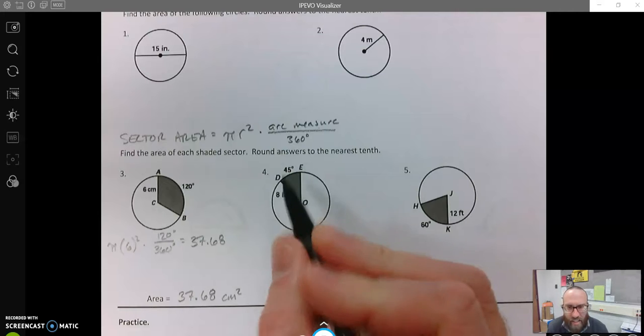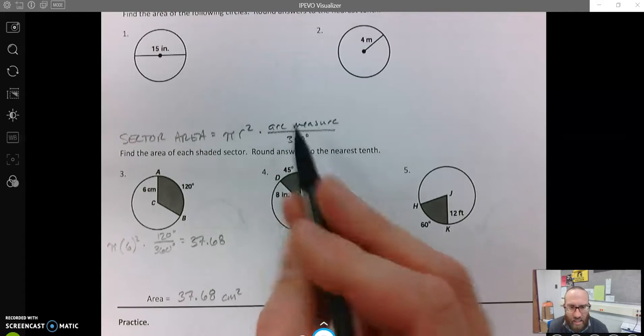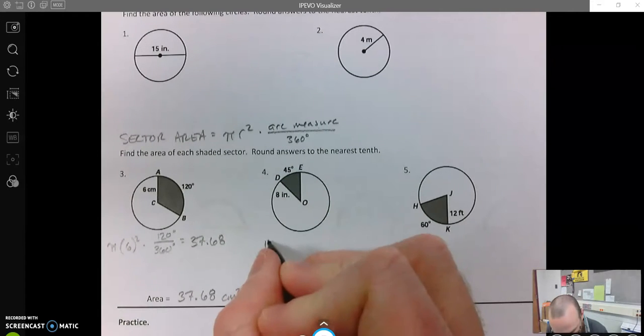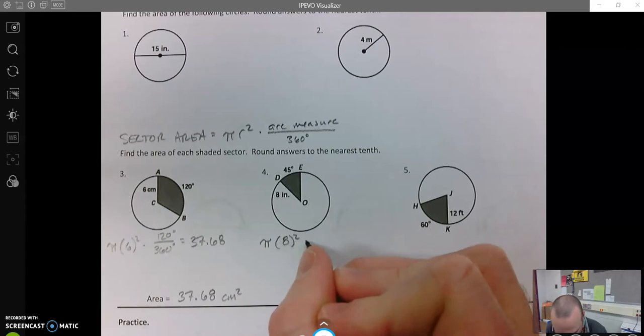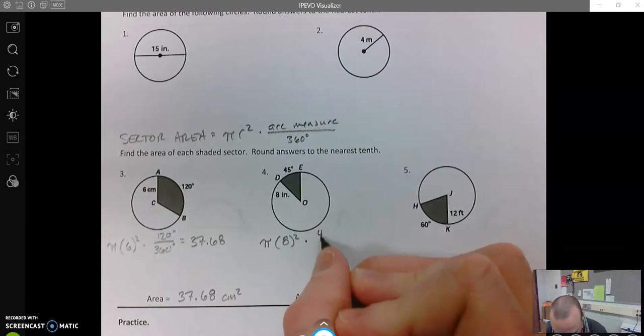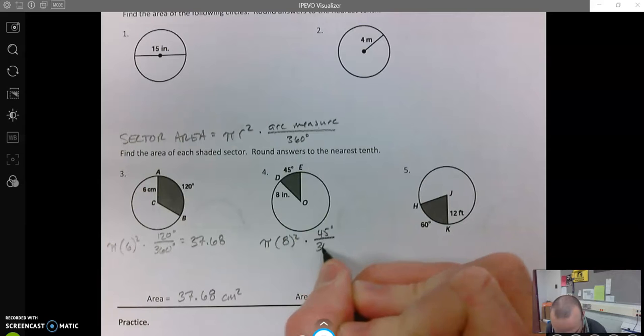Okay, I have a radius, I have an arc measure, that's all I need for this. Pi times 8 squared times 45 degrees over 360.